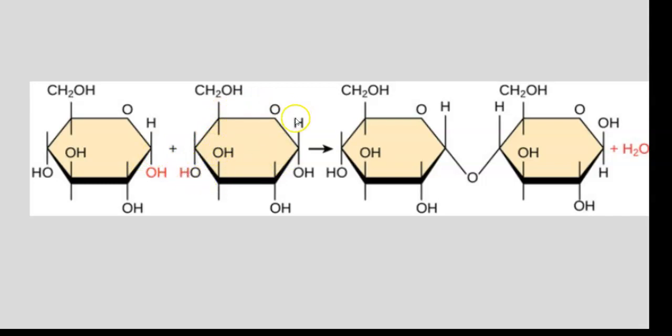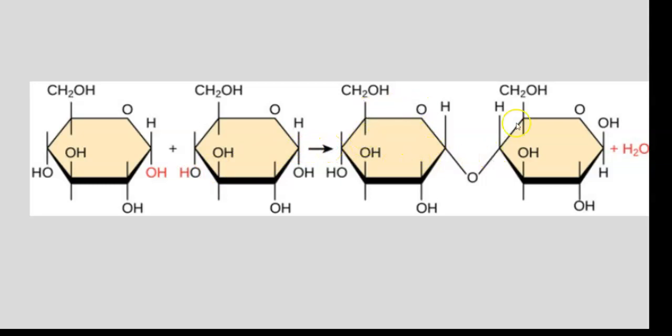And it also has hydroxyls and hydrogens and all the same other atoms that are here, but we're highlighting the hydrogen on this particular one. So in order for this monomer number 2 to connect or bond with monomer number 1, we're going to remove the OH from here, and we're going to remove this hydrogen. All right, so let's see what happens. So this arrow shows this is the reaction happening. This is the dehydration synthesis.